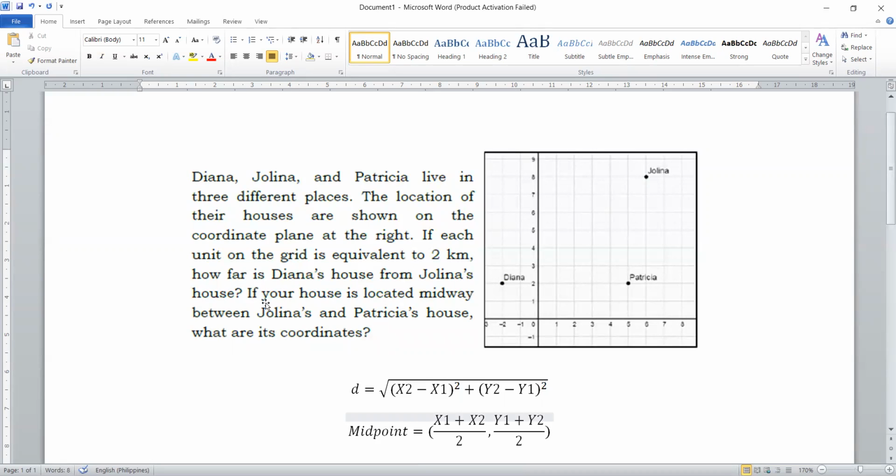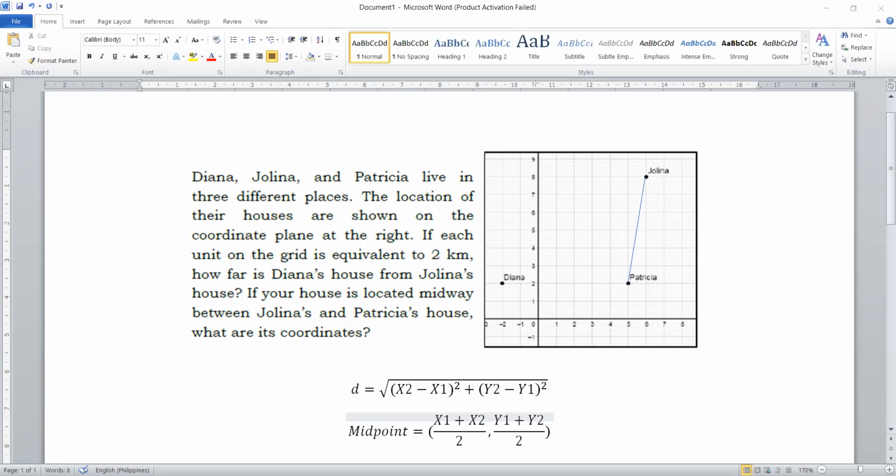It's asking the midpoint between Jelena and Patricia's house, because it says if your house is located midway between Jelena and Patricia's house. So where's that one? It's this line, between Jelena and Patricia's house. What are its coordinates?